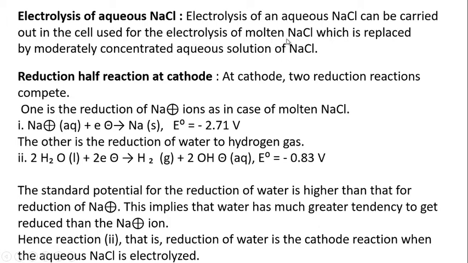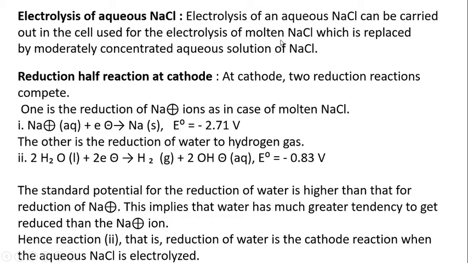In place of the molten NaCl, place the aqueous solution of NaCl and carry out the same procedure. Means the two metal electrodes are dipped and a battery is attached to the electrodes.